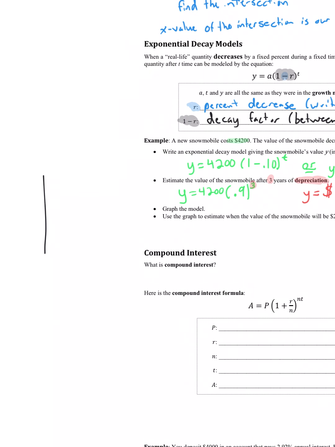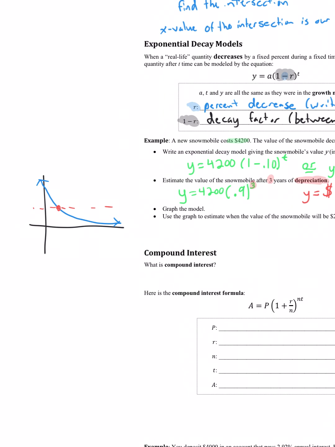Whoops. Let's do it. We can do better at drawing than that. Starting at $4,200, it looks something like that. And then the $2,500 would probably be right around here, and we'd be looking for that intersection again. I already know that it's going to be more than 3 years because after 3 years, you still have $3,000 in value left.